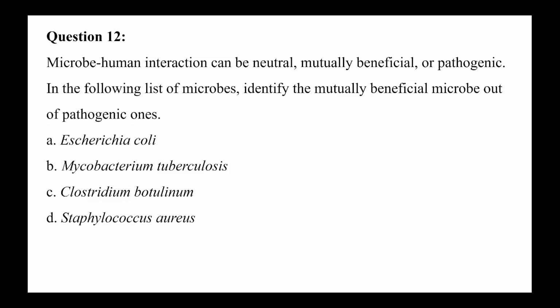Okay, moving on to the next question. Question number 12. Microbe-human interaction can be neutral, mutually beneficial, or pathogenic. In the following list of microbes, identify the mutually beneficial microbe out of the pathogenic ones.